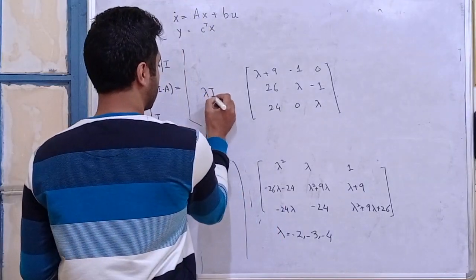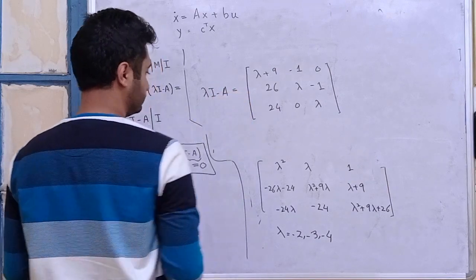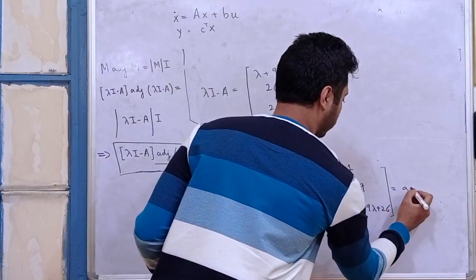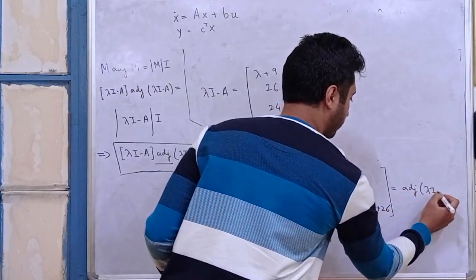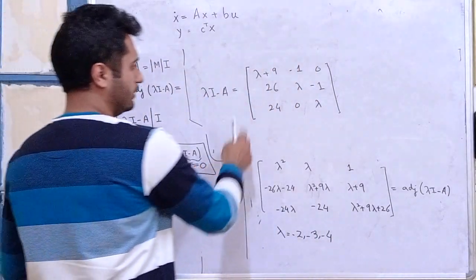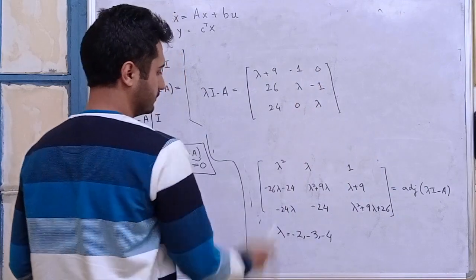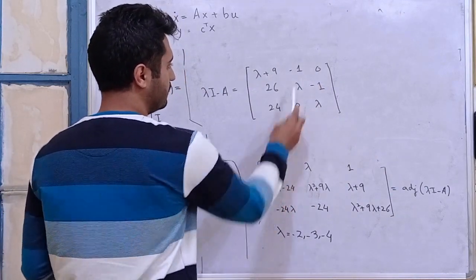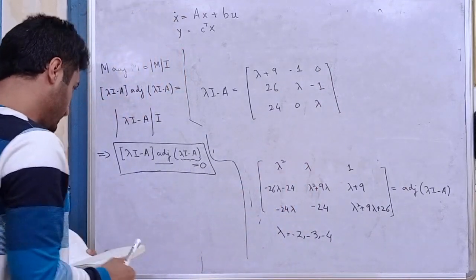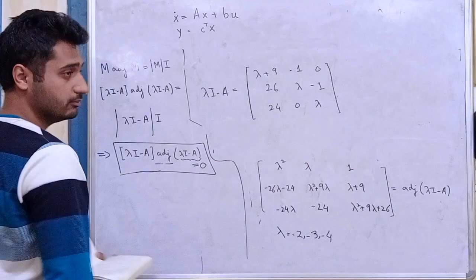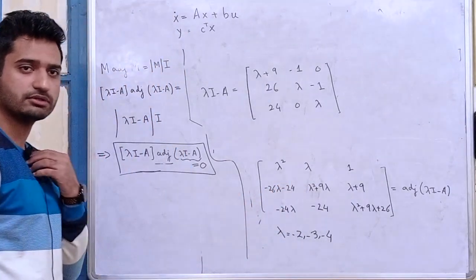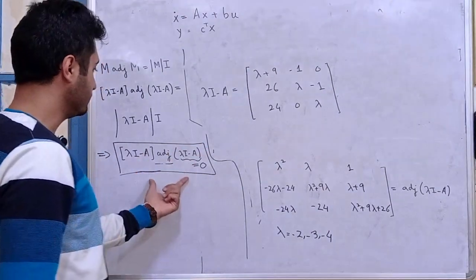This is your lambda I minus A, and this is your adjoint of it. You know how to take the adjoint. Through the adjoint, we are basically finding the eigenvectors. In the previous case we simply solved the equation; here we will use this property.